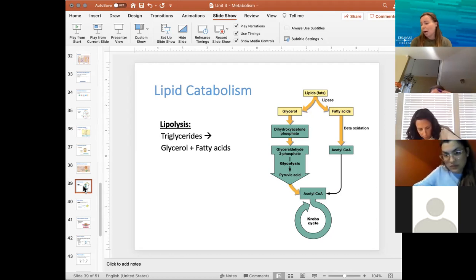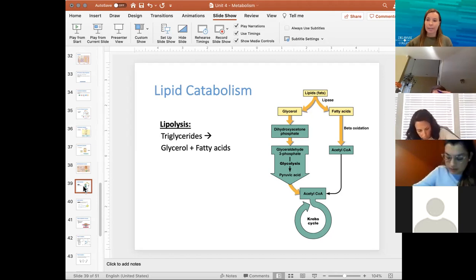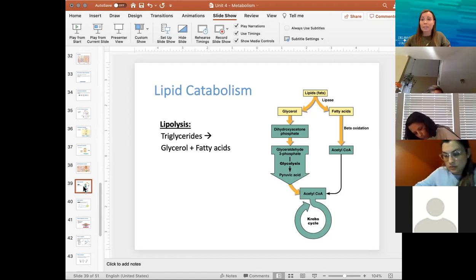That can occur if there is a large amount of lipid breakdown, like if your body is breaking down a large amount of lipids at a time. It can lead to the formation of these ketone bodies. So that's called ketogenesis.